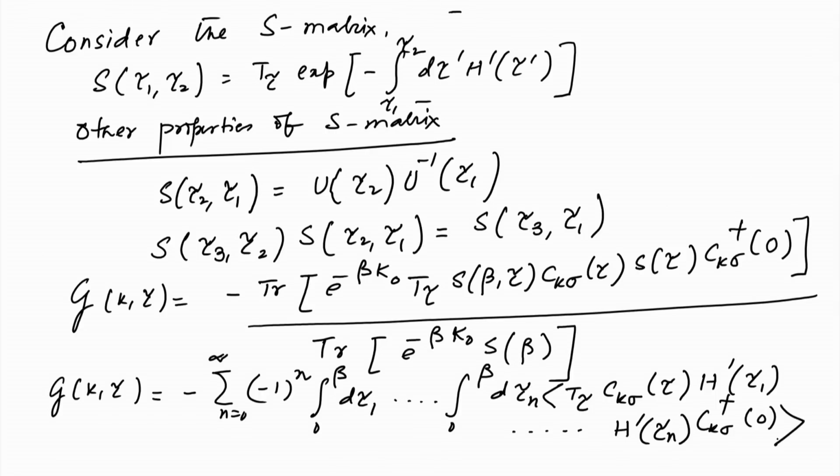So, that angular bracket is closing. This is the expression for the full Green's function, including all orders of the interaction term H prime.